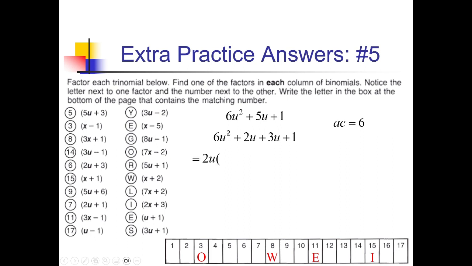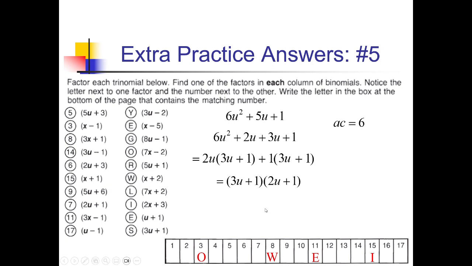That leaves me with 3u plus 1. And now for my last two terms, I can't really take out anything other than a 1, so that's what I'm going to take out. And that leaves me with 3u plus 1. So 3u plus 1 is my common factor parentheses that I'll take out of everything. And then my leftovers, 2u plus 1, can go right next to that.